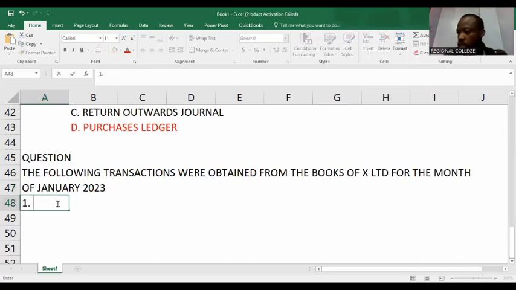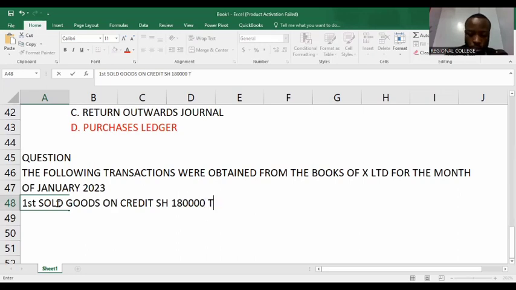So the first one says that we sold goods on credit, shillings 180,000, to Bora Limited.